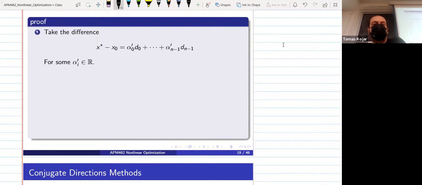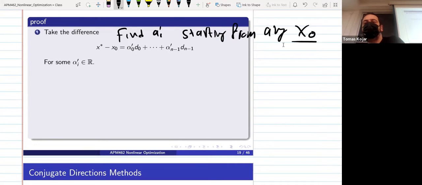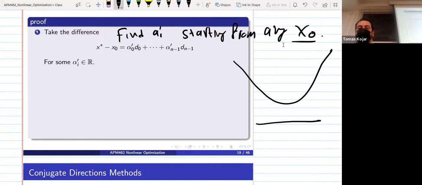So the goal is to find the A_i prime starting from any x0, which is madness. If you remember in Newton's method, you have to be very, very careful with your initial point. Here it plays no role. The reason is that your domain is very convex-like. In Newton's method, you had the problem of having flat places, right? So that's one of the reasons. All right, let's go.